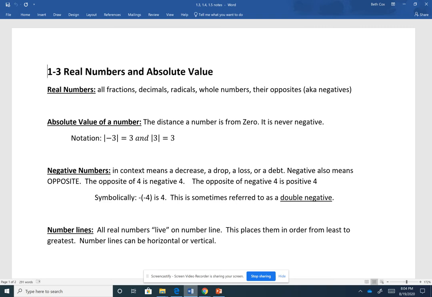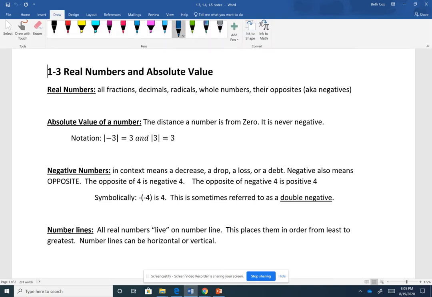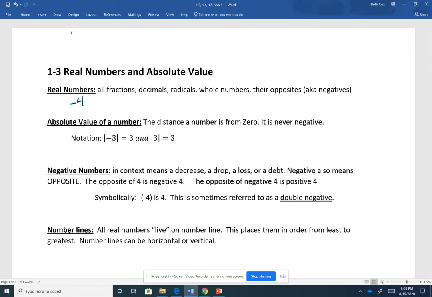So we have real numbers and absolute value. Real numbers are basically all the numbers that you have ever met in your life, possibly. And this is the fractions, the decimals, the radicals, the whole numbers, and their opposites, also known as the negatives. So when it comes to real numbers, we're looking at like -4, 3 over 2, 1.767348.